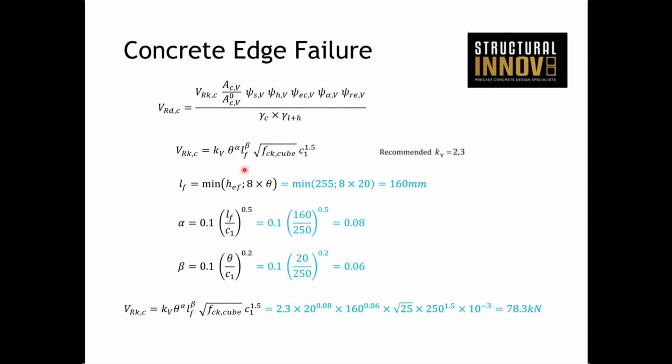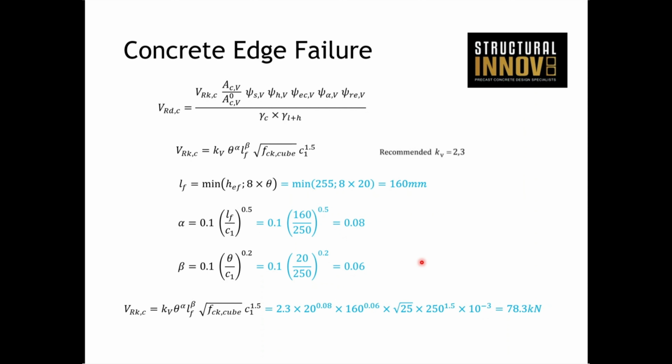Again, very similar setup to the formula, except in terms of shear, we've got a characteristic capacity, an area reduction, a bunch of other reduction factors, and our partial safety factors to account for. Similar functions. I'm not going to go through them all because I'm conscious of the time. But essentially, when you crunch through all your numbers, you end up with a value of 78.3 kilonewtons. So again, the black is essentially the formulas, and the blue is the workings of those formulas.